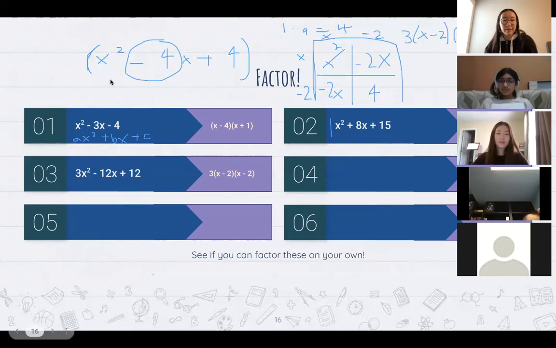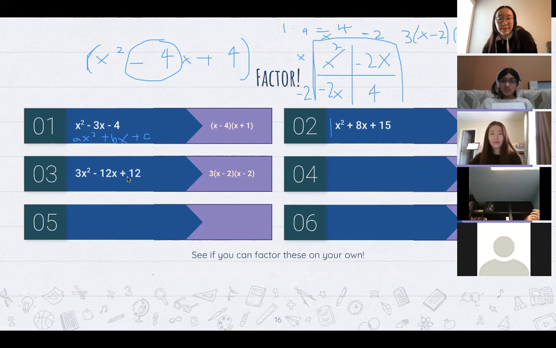Where'd the 4 come from? Oh. What we did was 3x squared minus 12x plus 12, and then we divided everything by 3 just to make it easier. Then it turned into x squared minus 4x plus 4. And we just used the box method on that.